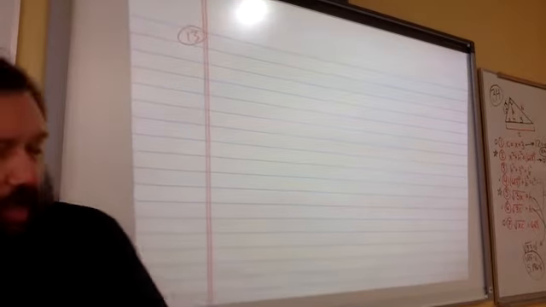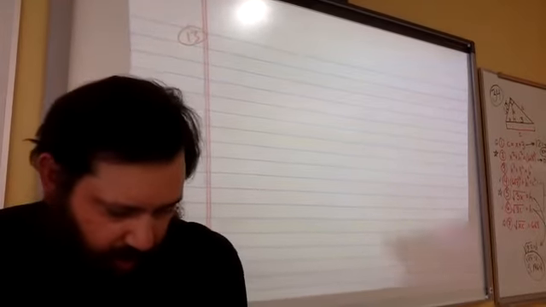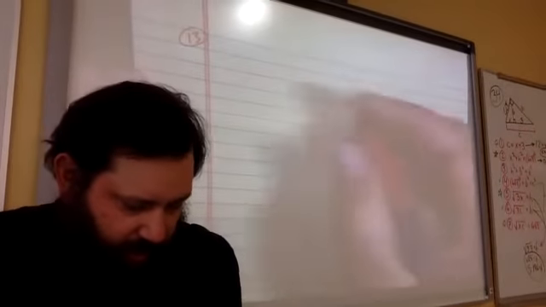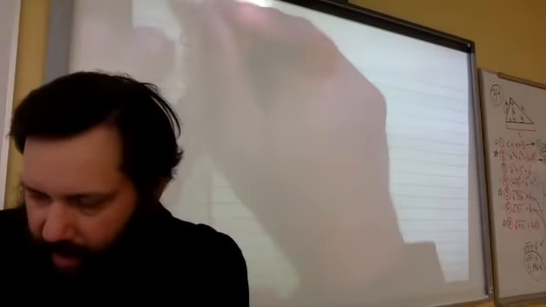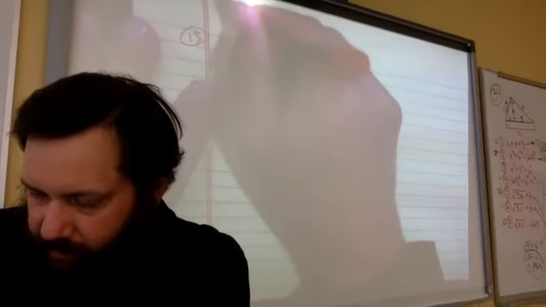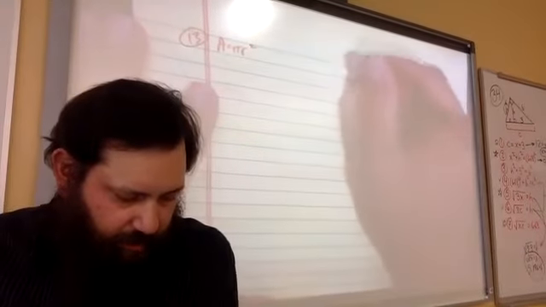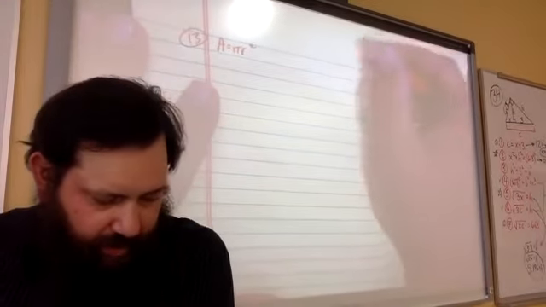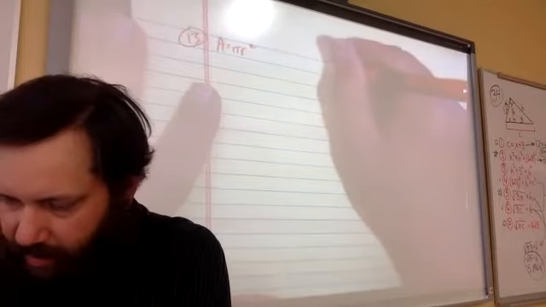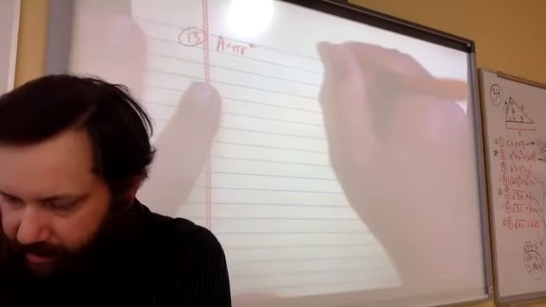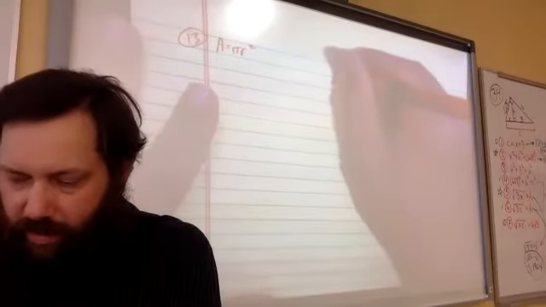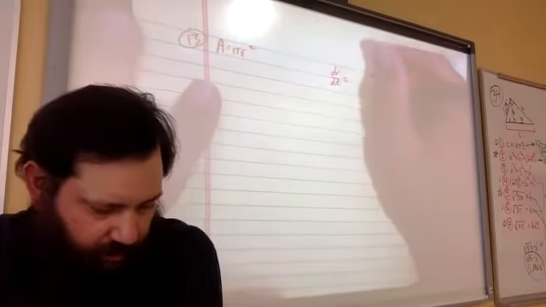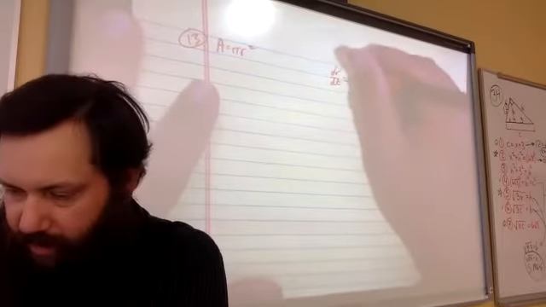Okay, 13. Radius of a circle increasing at a rate of 4 centimeters per minute, so A equals pi r squared. Radius is increasing, so dr/dt. If it's increasing, it's a positive value of 4 centimeters per minute.